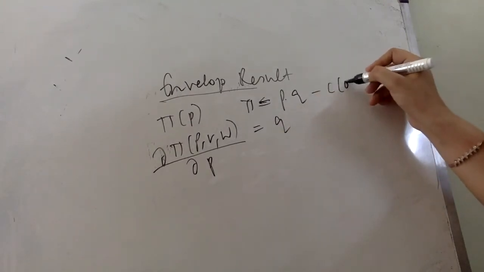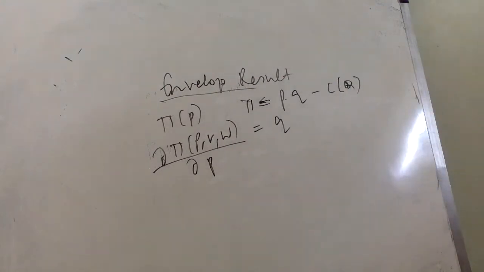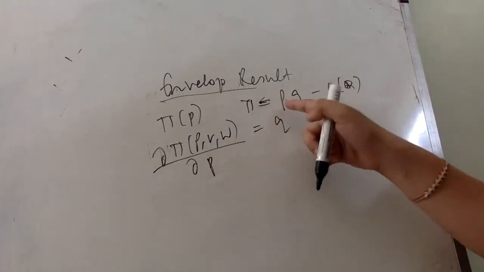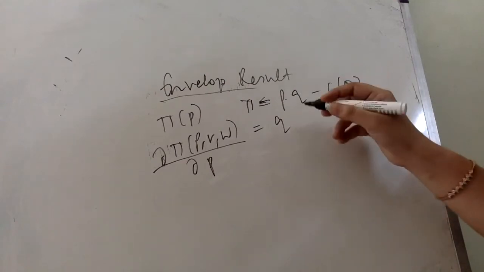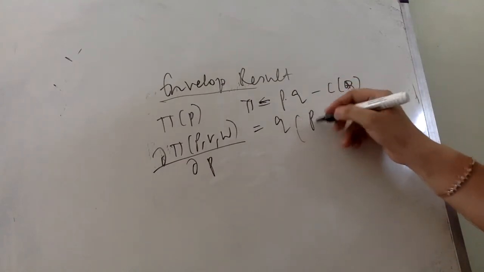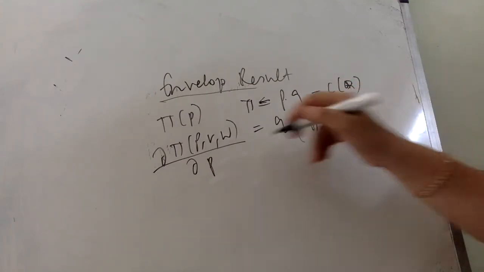I can write the cost function as a function of quantity. So the derivative of profit with respect to price becomes Q. So Q would be in terms of P, V and W, the same parameters here.